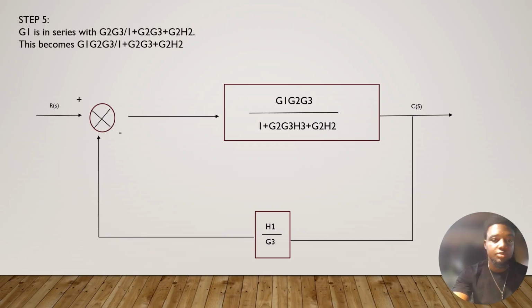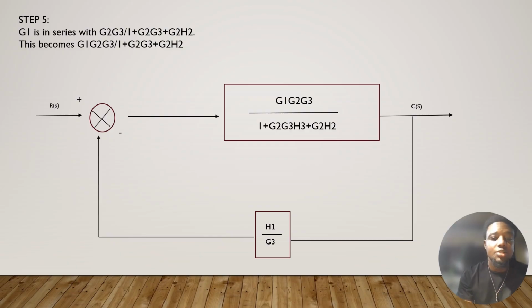I'm Sasa Emmanuel, and I'll be continuing from where my colleague left off. After completing all the reduction steps, we arrive at the final transfer function of the system, which is G1, G2, G3 over 1 plus G2, G3, H3 plus G2, H2.